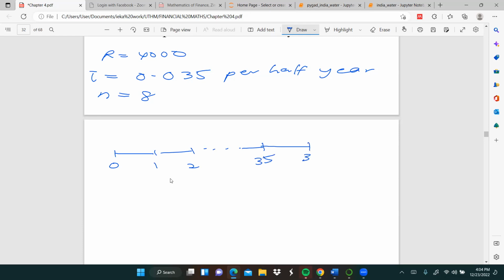T dia dah 36. So 36, lepas tu 35 tambah dengan 8 semi-annual payment tu, so last kali adalah 43. Okay, so start daripada umur dia 18 tu baru bayar 4,000. Okay, so we need to find A. Berapa yang dia perlu ada.